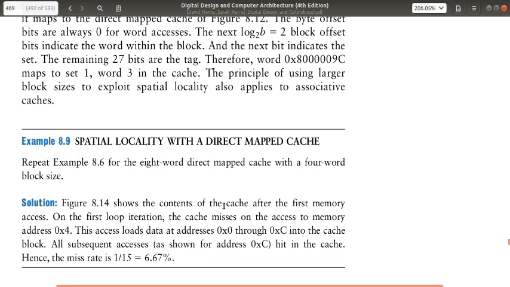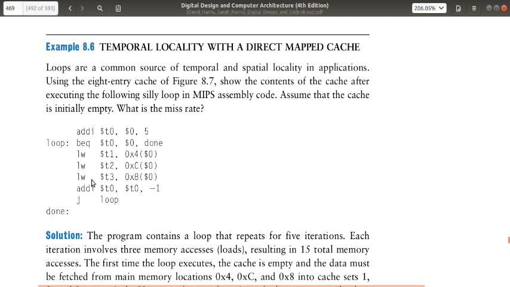Now let's see a problem to see how increasing the number of words per block improves our miss rate. Repeat example 8.6 for the 8-word direct map cache with a 4-word block size. This was our question, using this particular program and the cache.